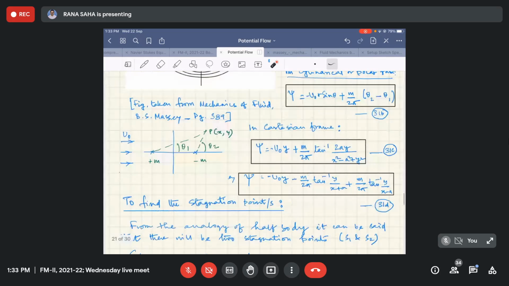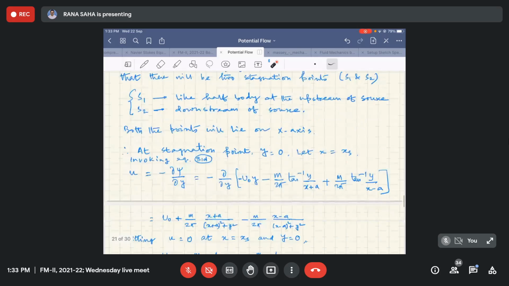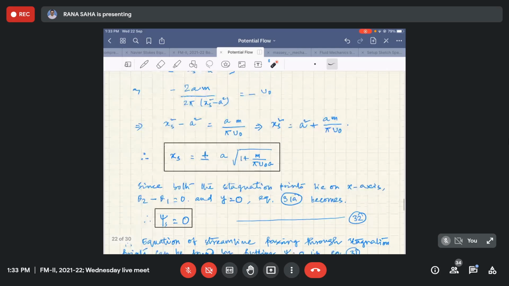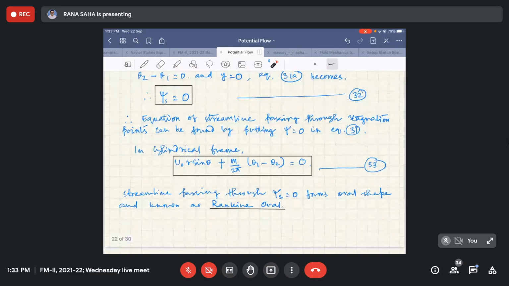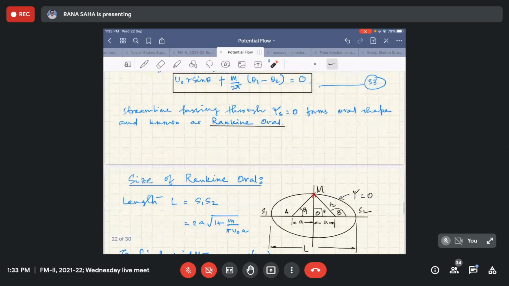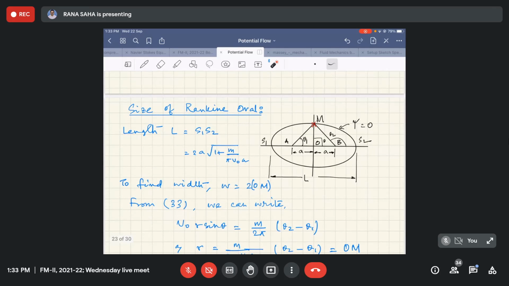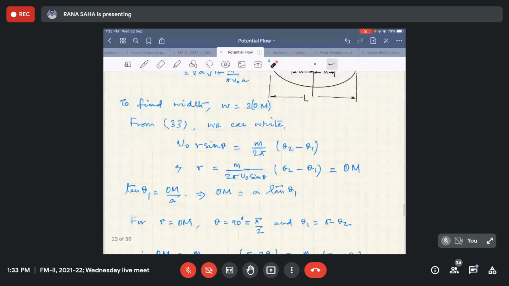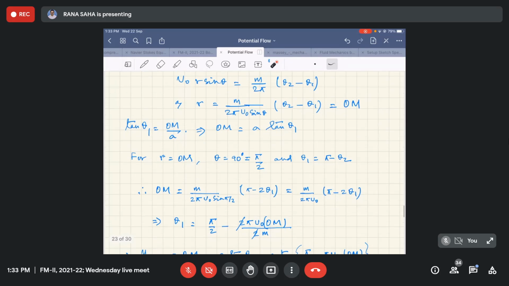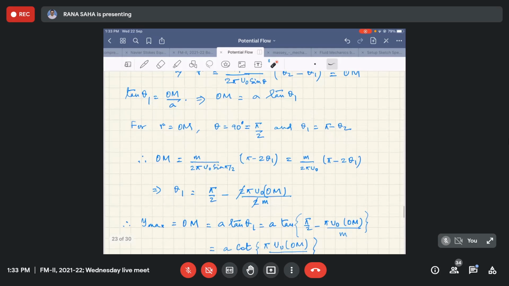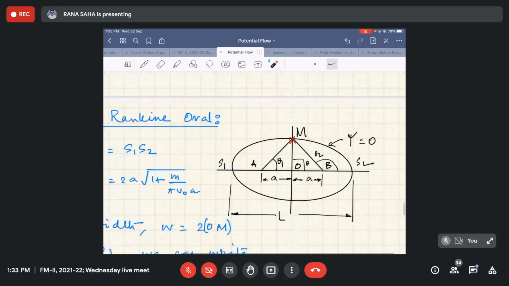Then we moved into this combination process, where again we have tried to find out the size of this Rankine oval. One important aspect, or you can say the difference between the size of the Rankine oval and that of the half body, is in finding this y max, that is this dimension I'm talking about.